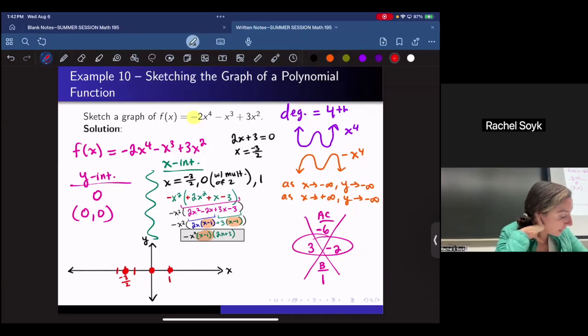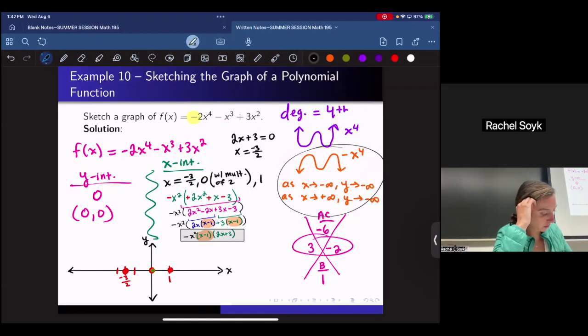And the multiplicity is going to be at that 0, so it's going to have a bounce off over there. And then the sketch is going to look like what we have over here in orange.